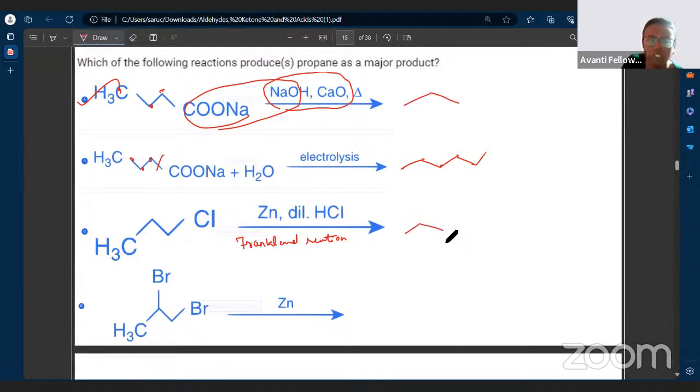And the fourth one is dibromopropane. Okay, when it reacts with zinc, ZnBr will be removed. But you'll be getting a double bond. So you'll be getting propene as the product. So option A and C are going to be the right answer.